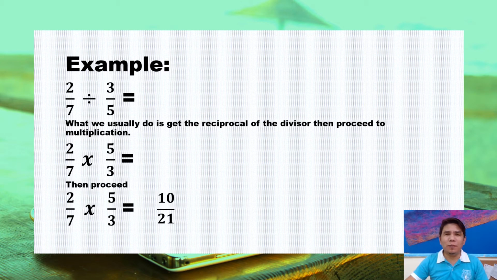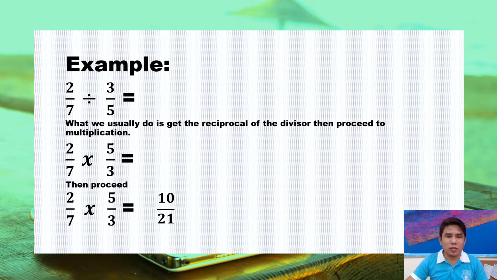So very basic. So 2 over 7 divided by 3 over 5, what we usually do is get the reciprocal of the divisor, then proceed to multiplication. We write the first fraction, 2 over 7, our dividend, then change division to multiplication, and then get the reciprocal of 3/5, that's now 5 over 3.